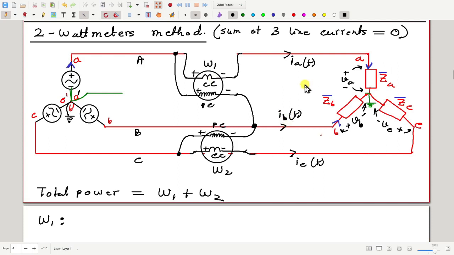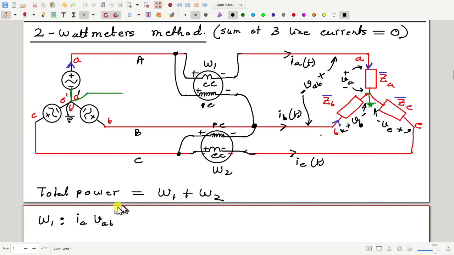I can also call, say, VAB, from line A to line B, that is VAB, and so on. So how much is VAB into IA? IA into VAB.